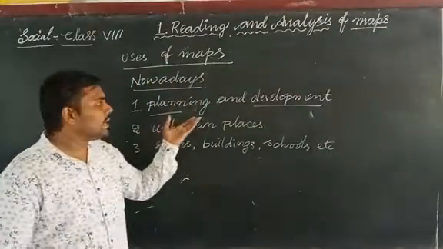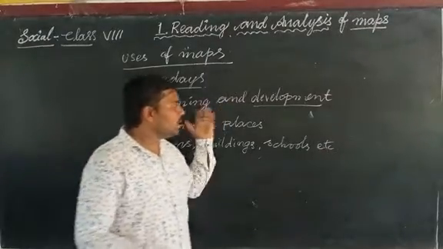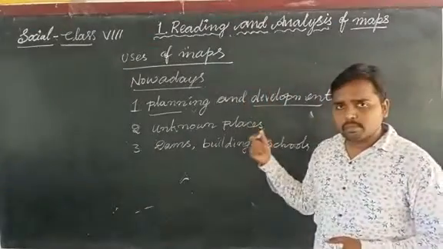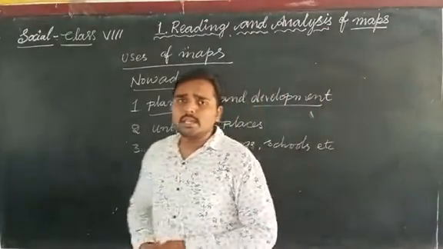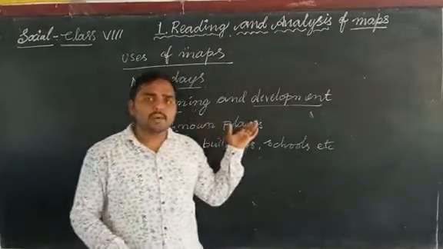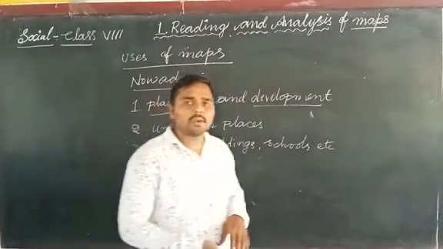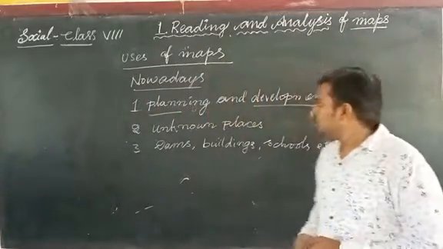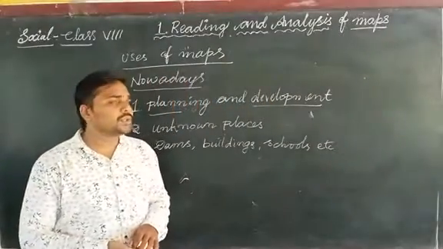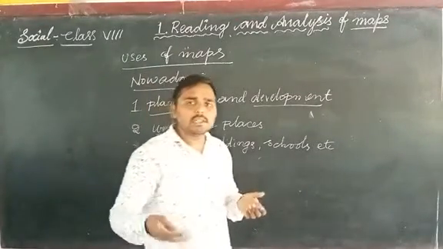Coming to the first point, planning and development of the country. Suppose there are places in India or anywhere with unavailable water. To resolve these problems, we should know the resources of water around the place.